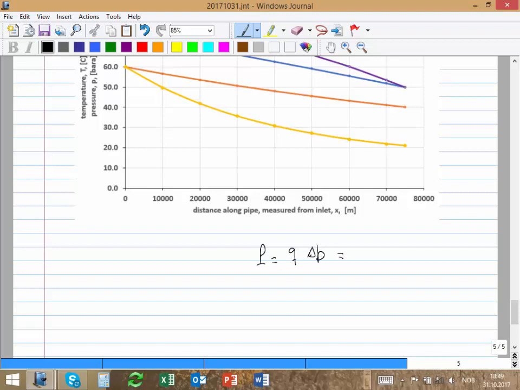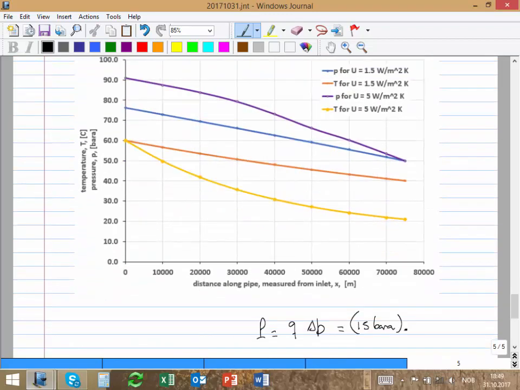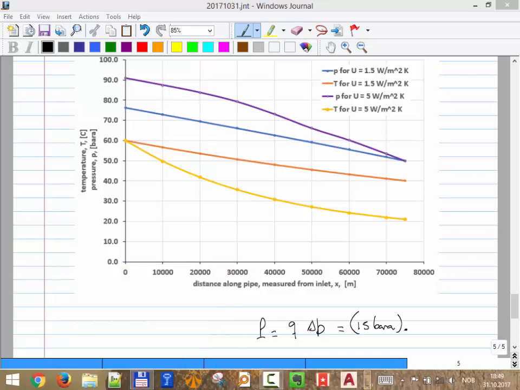And delta P, we said we had a saving of 15 bar, times the Q. Could you tell me the Q, please? Is it 18,000, something like that? The Q can be, let's say, at the inlet of the pipe, at X equals 0. What is the Q of oil?